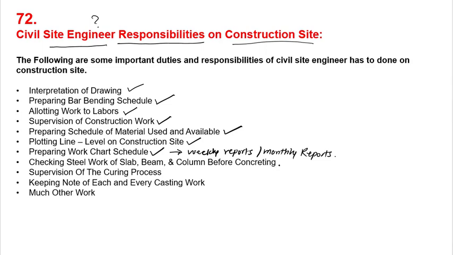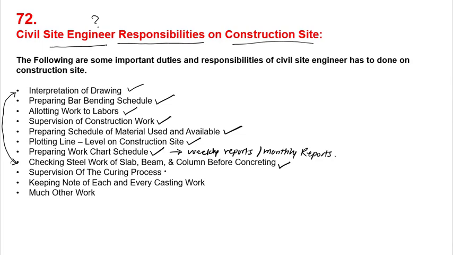Any sort of steel work done on construction site, you need to tally with the structural drawings, and you need to check whether the steel fixers have done the job correctly or not. You need to check the steel work after every activity before pouring of the concrete.